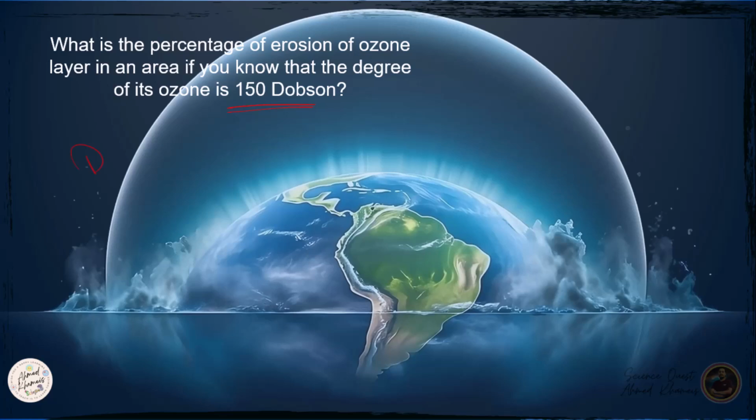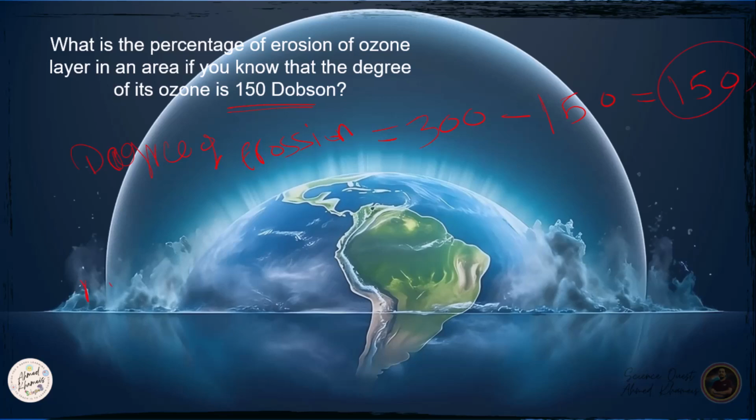First, we get the degree of erosion, which equals the normal degree of the ozone layer, 300, minus the degree of ozone in this area, 150, which equals 150 Dobson.